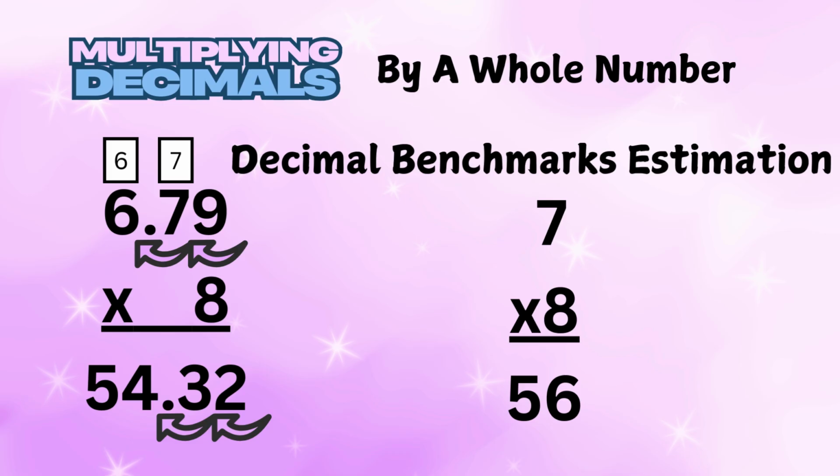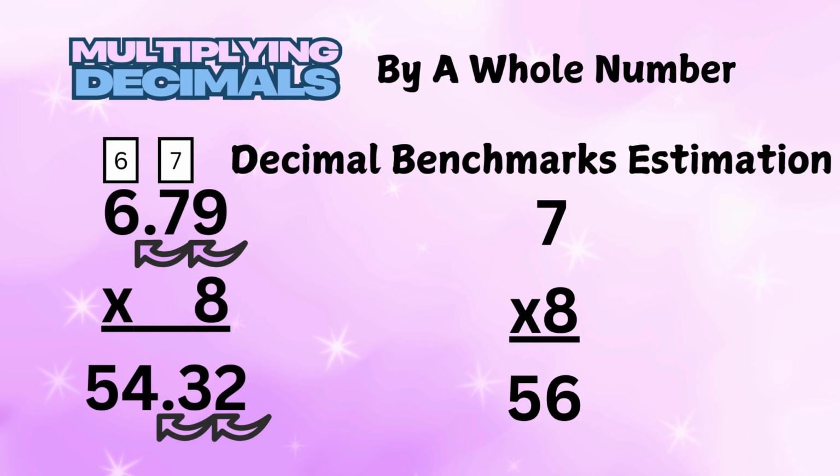Now I can check my estimate against the exact answer. To do that, I do need to multiply to find the exact product. I would start with 8 times 9, and I know that is 72. I put my 2 down in the answer, and I regroup the number 7.